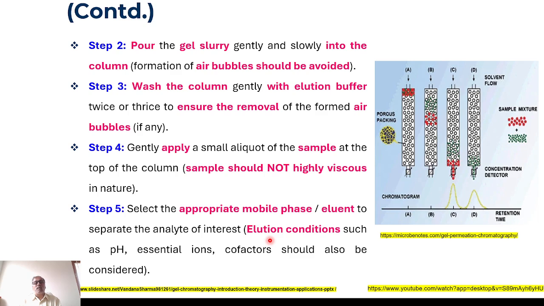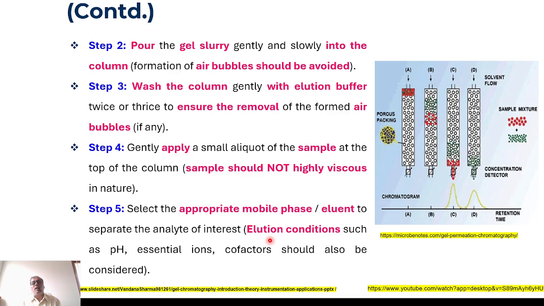So the molecules will be distributed into the column, and based upon the size, the molecule either will enter into the gels or will pass between the interstitial phases. So higher molecular weight molecules beyond the cutoff pore size will pass between the interstitial spaces of the gel very quickly.